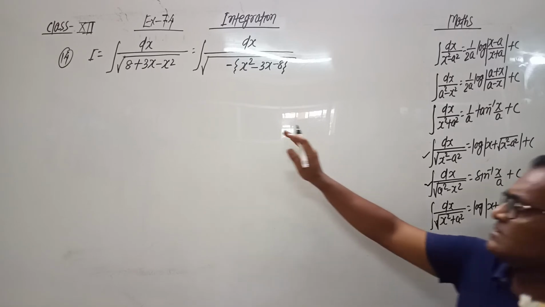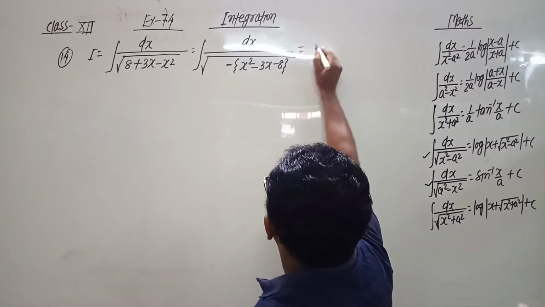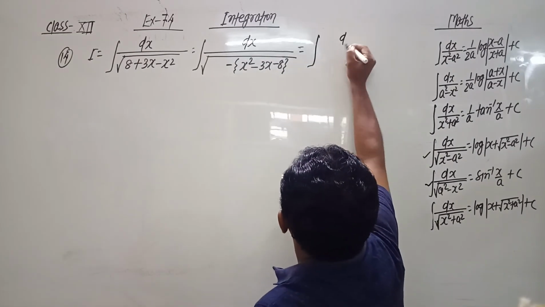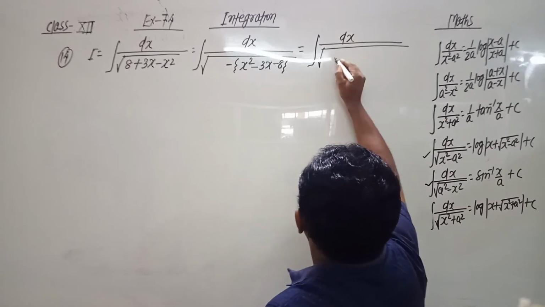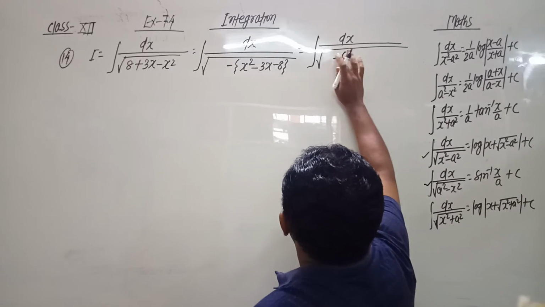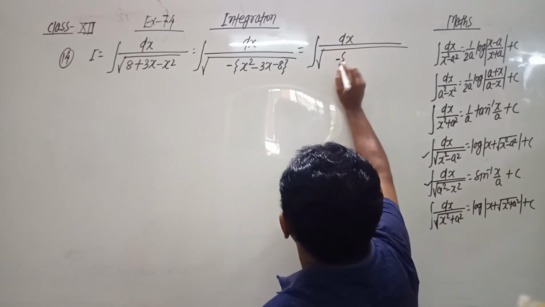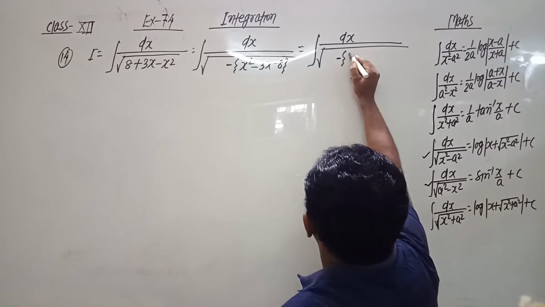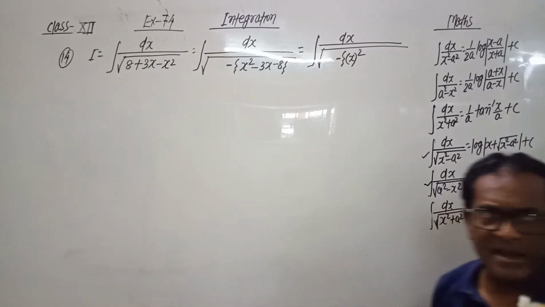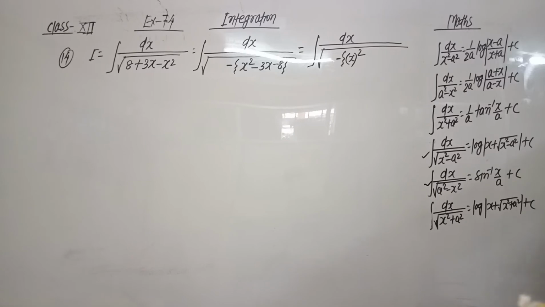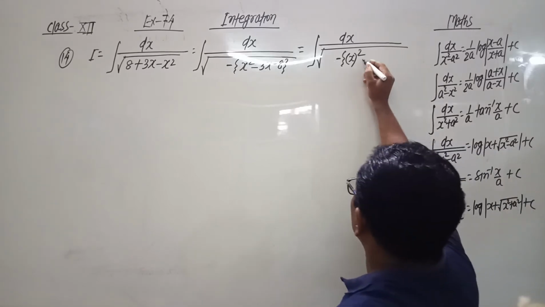Now we have to make the square form. So integration dx upon under root of, leave the space and then write x square as x the whole square, and the term containing x is the negative term, so minus 2ab will come.